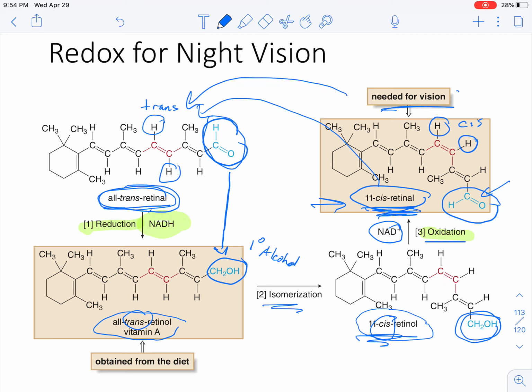And so this cyclical motion of oxidation and reduction has biological relevance, and this is only one example out of a lot of examples. And so without this oxidation reduction process, we wouldn't be able to see anything at night.